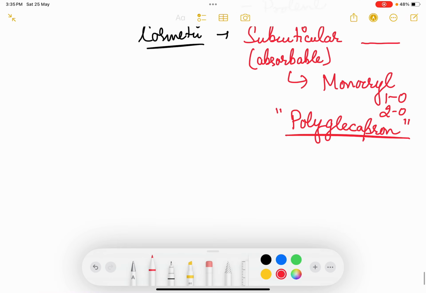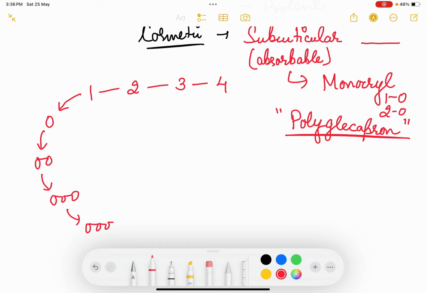Regarding suture sizes, number 2 is thicker than number 1, number 3 is even thicker, and number 4 even thicker. Going to the thinner side, thinner than number 1 is number 0, then 0-0, then 0-0-0, and then 0-0-0-0.